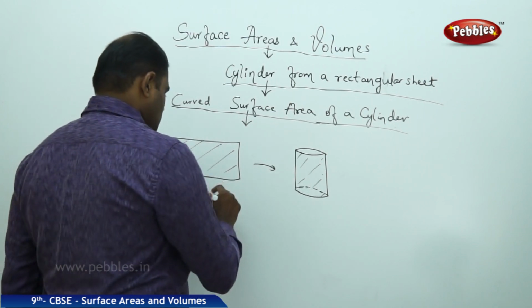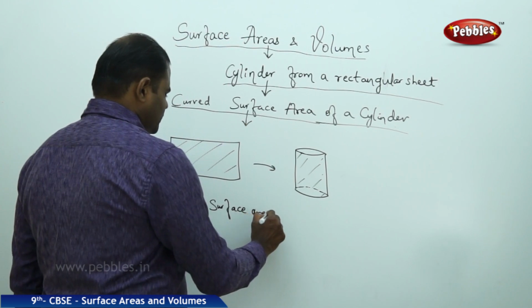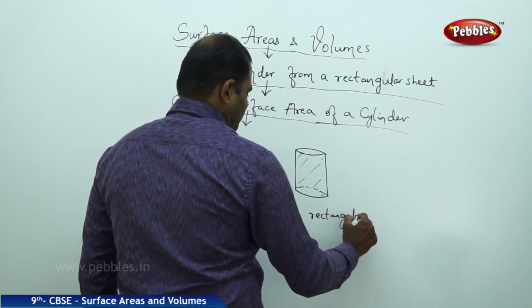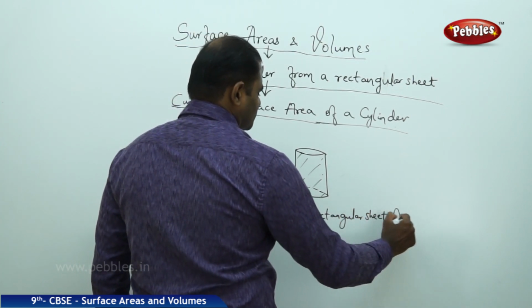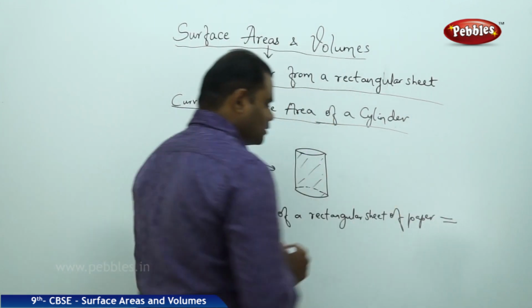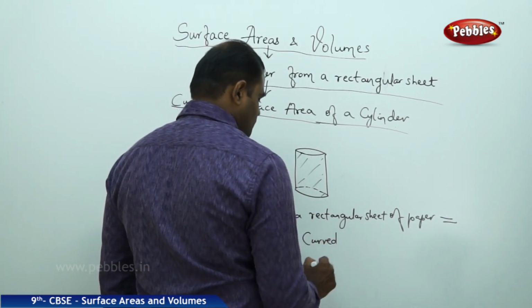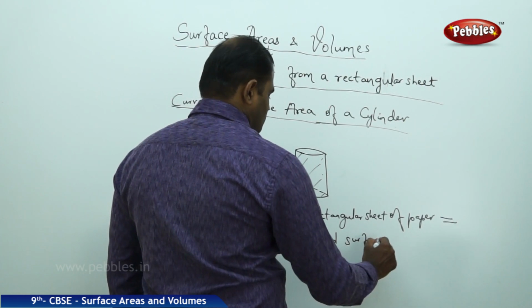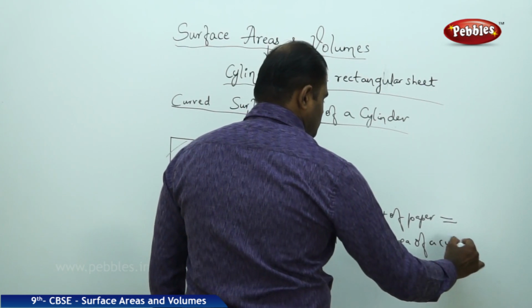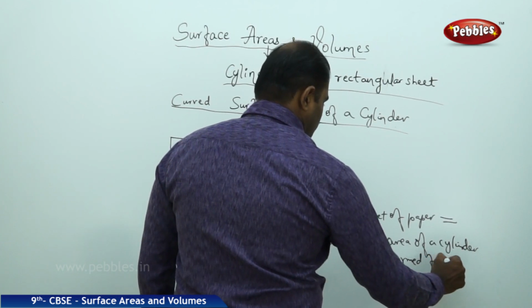So the surface area of a rectangular sheet of paper is equal to the curved surface area of the cylinder formed from it.